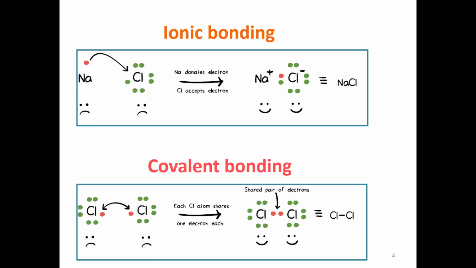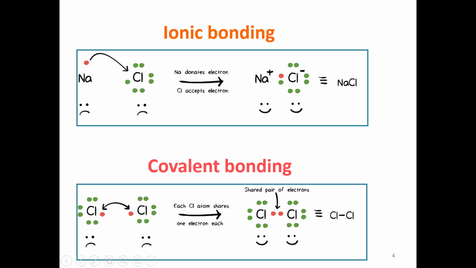And here is one more example, for ionic bonding. As we discussed last time, sodium wants to be similar to neon, so sodium needs to lose one electron. And chlorine wants to be similar to argon, so it needs to have 8 electrons in the last shell. This is why sodium transfers one electron to chlorine to form sodium chloride: sodium becomes a positive ion, and chlorine becomes a negative ion.